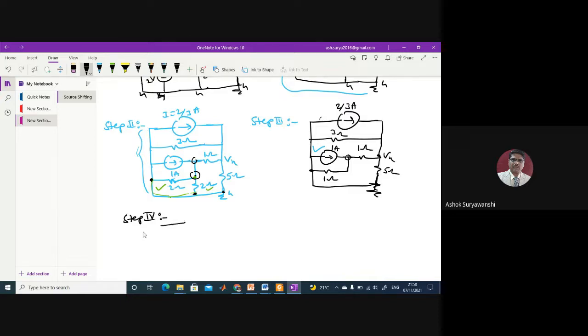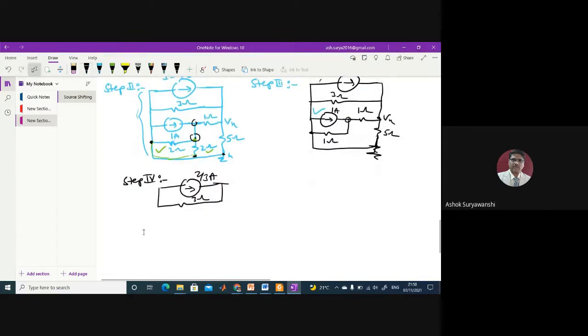So let us keep this current source 2 by 3 ampere. Similarly, this 3 ohm resistance, and then transform this 1 ampere into an equivalent voltage source. So your voltage source polarity is minus plus, because the direction of current is like this, right?